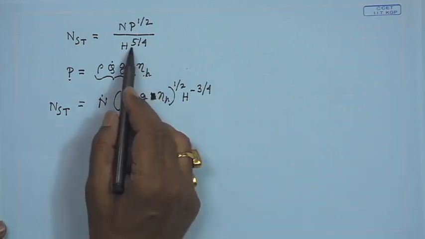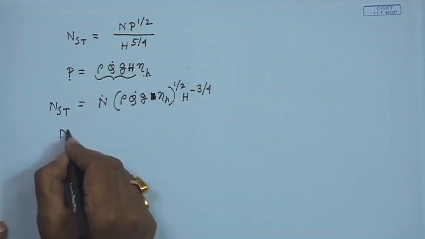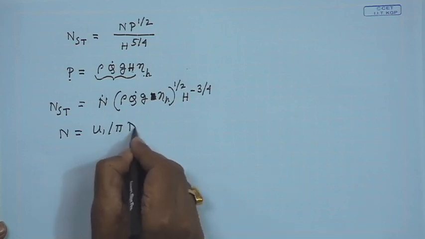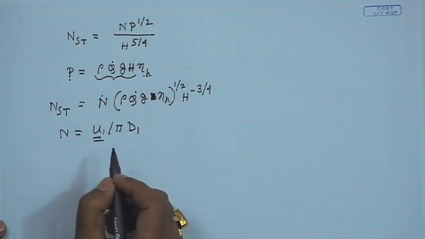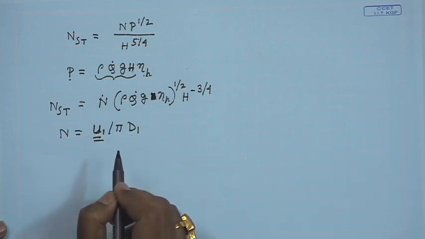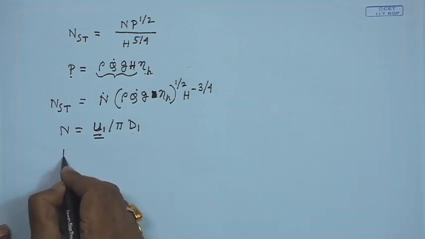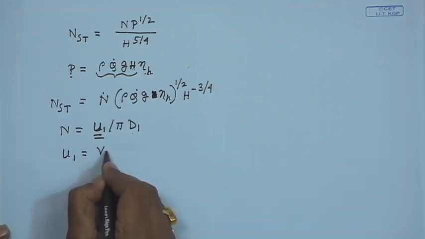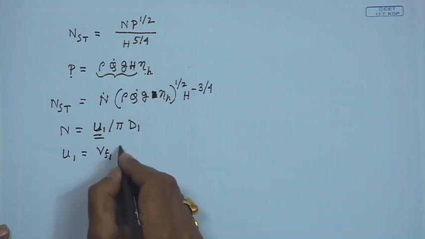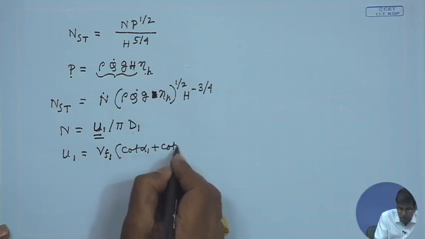H to the power half minus h to the power 5 by 4, I write like this. Now, if you write N as u1 by pi d1, where u1 is the blade velocity or runner velocity at inlet and d1 is the diameter at the inlet. Again, we have u1, we found out from the trigonometric relation Vf1 cot alpha 1 plus cot beta 1.